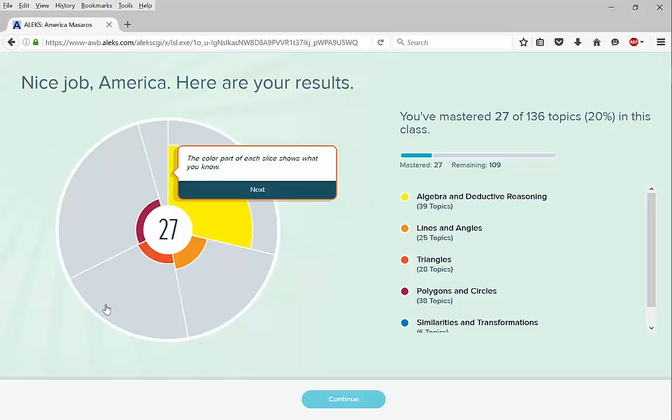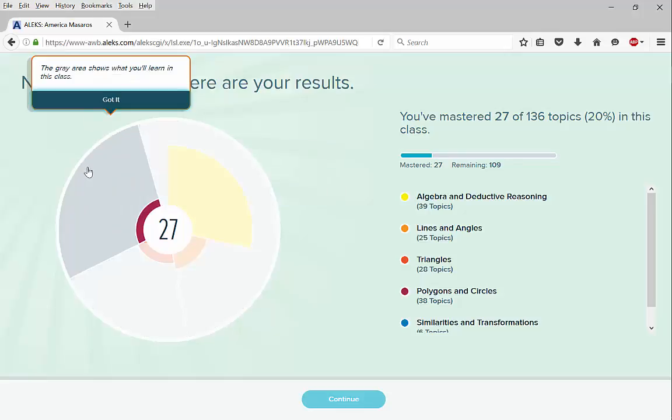Oh, this is that pi that's talked about on Blackboard. The colored part of each slice shows what you know. Hey, this slice is pretty full. The gray area shows what you'll learn in this class. Okay.